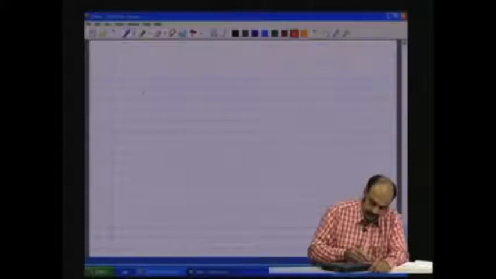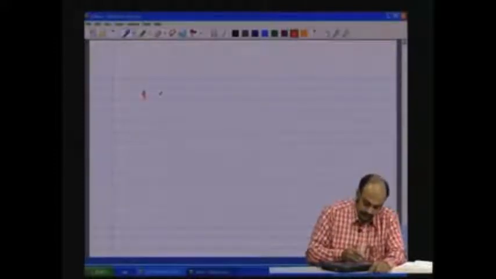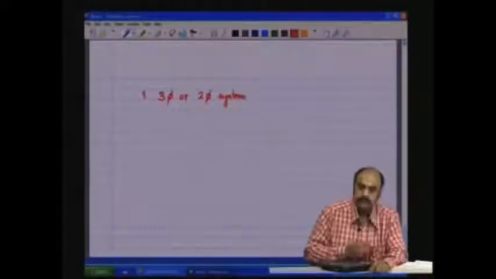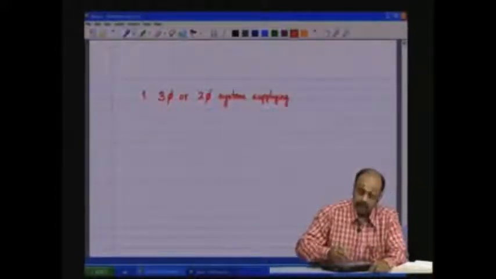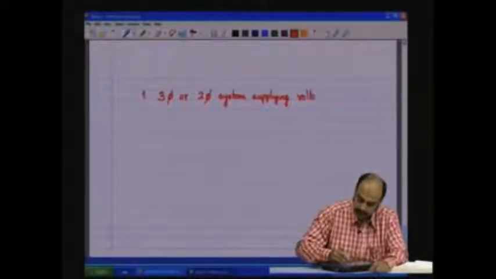One is, we need to have, let us say, a three-phase or two-phase system supplying the voltage or current.